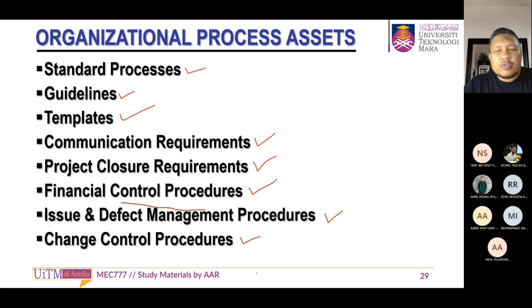Okay, change control procedure. This must be clear, change control procedures. If there are any changes, what is the highest authority that we need to declare the changes? Is it up to the project manager? Or maybe we can go as far as the sponsor. That's why in UiTM we have a PMC, Project Management Controller.